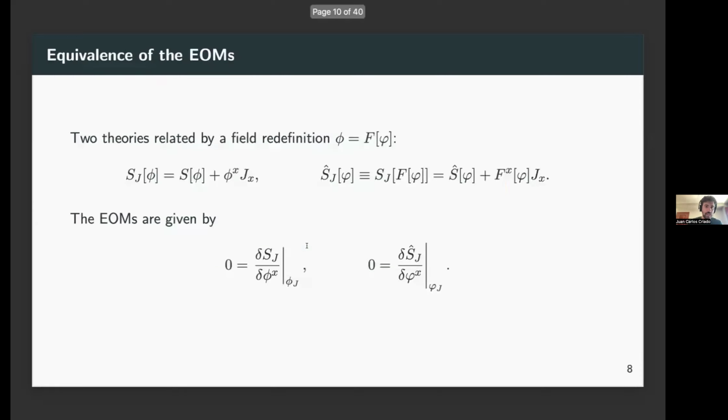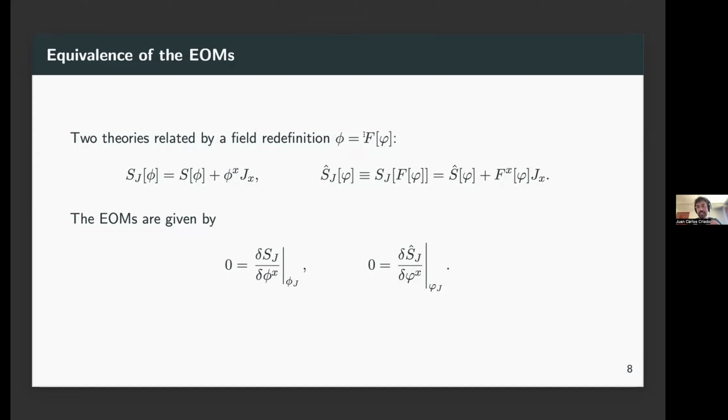All right, so those are interpolating fields. And now what I will assume for these first two blocks is that the field redefinition gives you an interpolating field. So the F in here is an interpolating field. And whenever that happens, everything works pretty nicely.